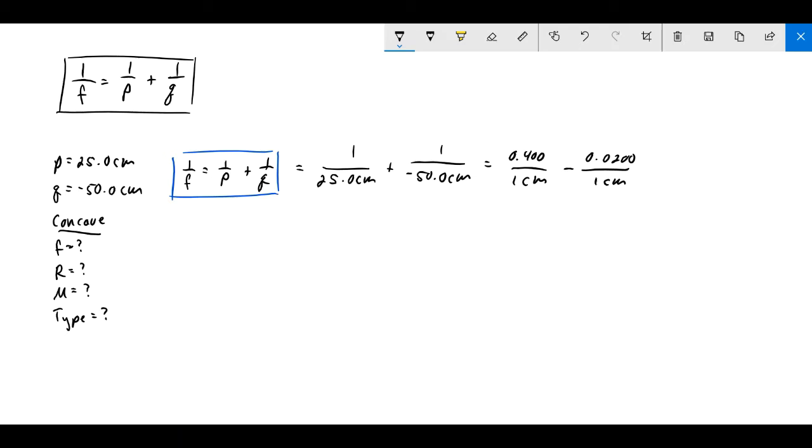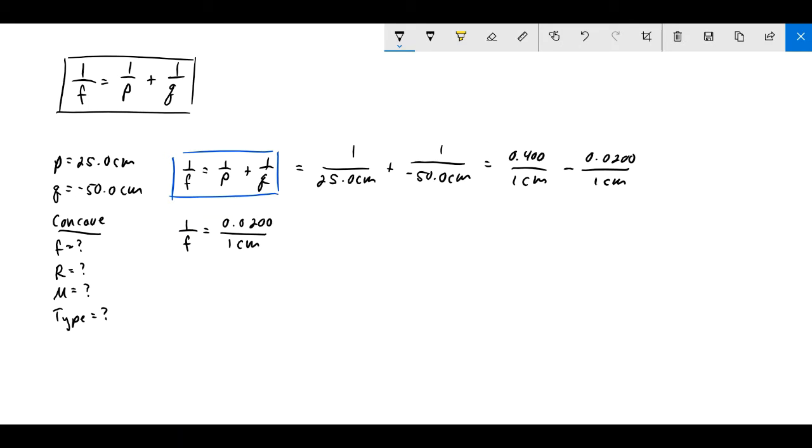So why would I do that? Because 1 over f, I need to find f, but I need a common denominator if I'm going to be adding these fractions. Of course, you can do this with your scientific calculators and you'll have no problem at all. When we combine those together, we get 0.0200 over 1 centimeter.